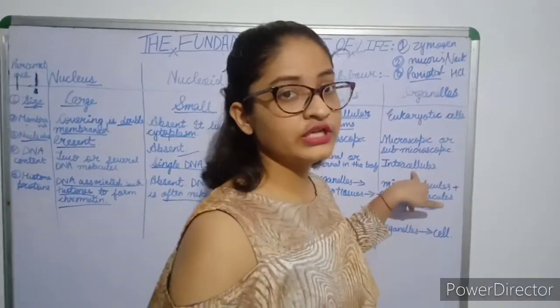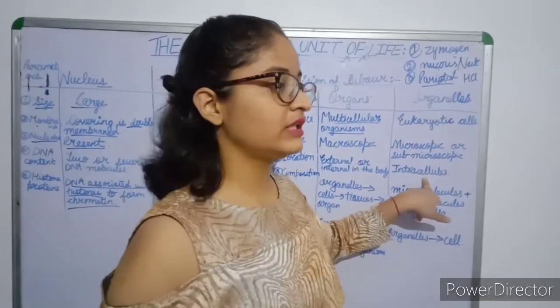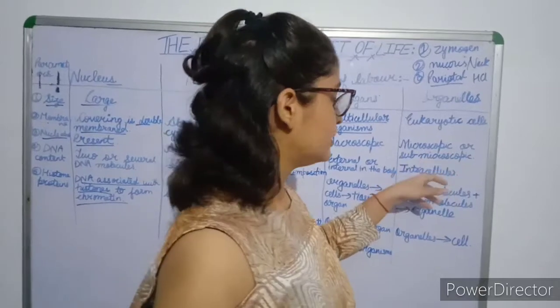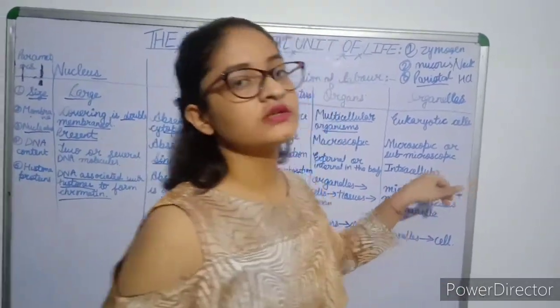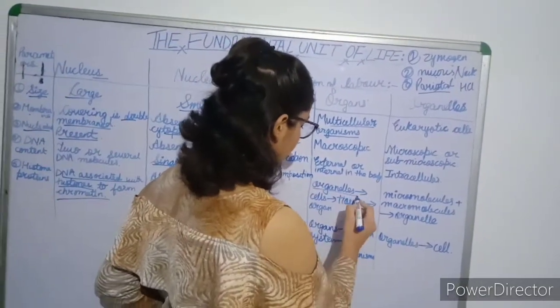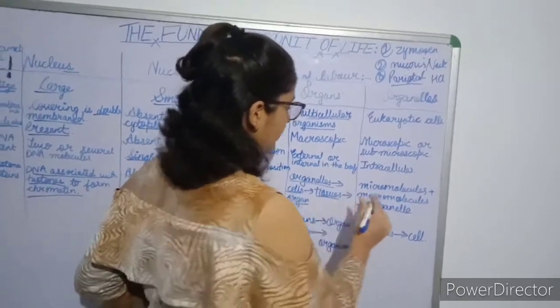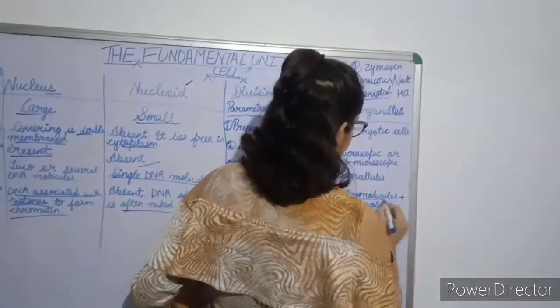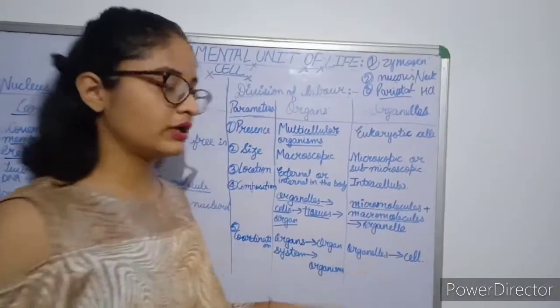Organelles are mostly, I can say that, inside the cell. They can be said to be intracellular. Composition: organelles form cells and cells form organs. And micromolecules plus macromolecules form an organelle.